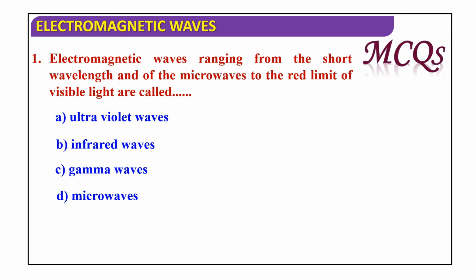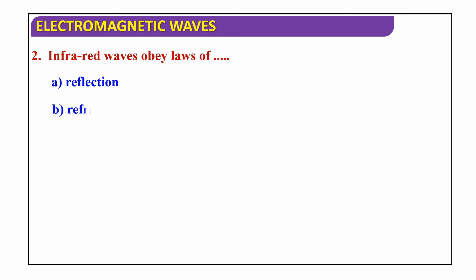Electromagnetic waves ranging from the short wavelengths of the microwaves to the red limit of visible light are called infrared waves. Next, infrared waves obey laws of reflection, refraction, interference, or all the above. Infrared waves obey laws of reflection, refraction and interference. So, all the above.